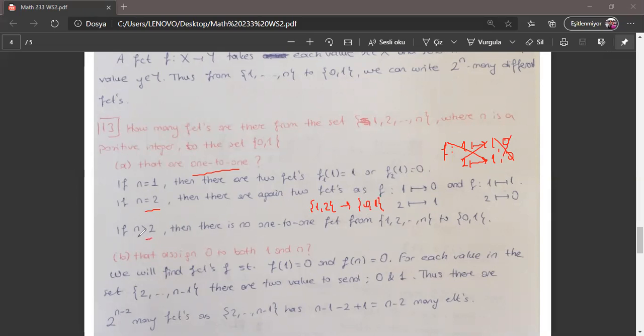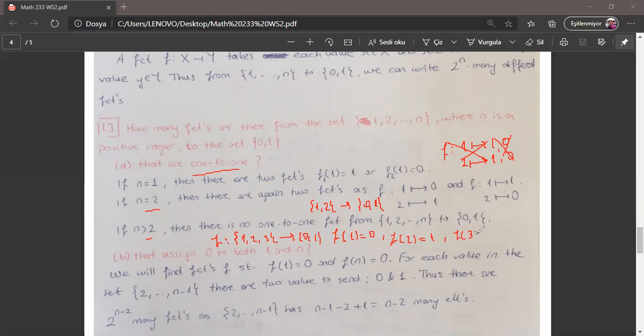What about this case? If n is greater than 2, then we cannot write a function which is one-to-one, right? Because, for example, if n is 3, we have here this set, and we want to write a function from this set to this. So let's say f of 1 equals 0 and f of 2 equals 1.